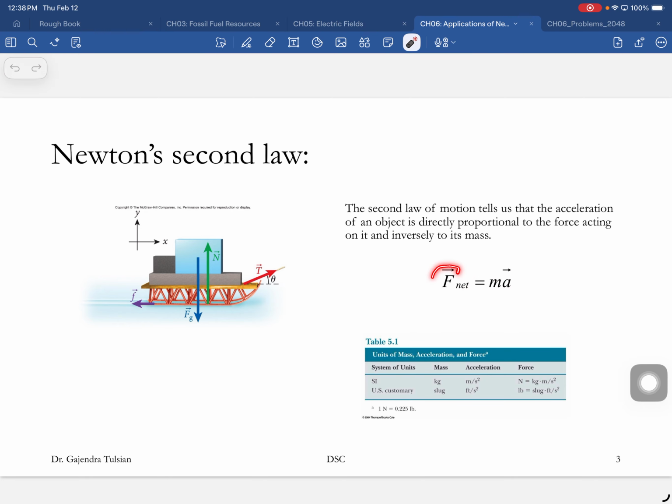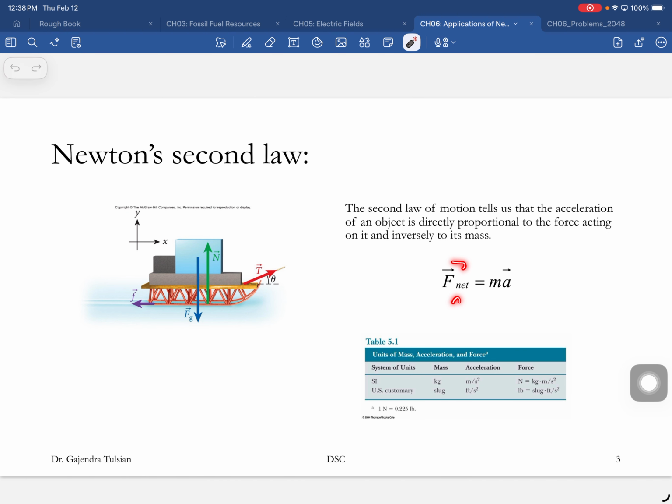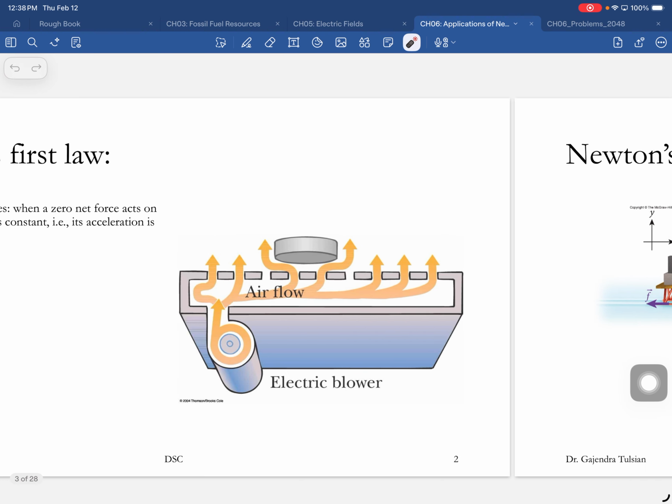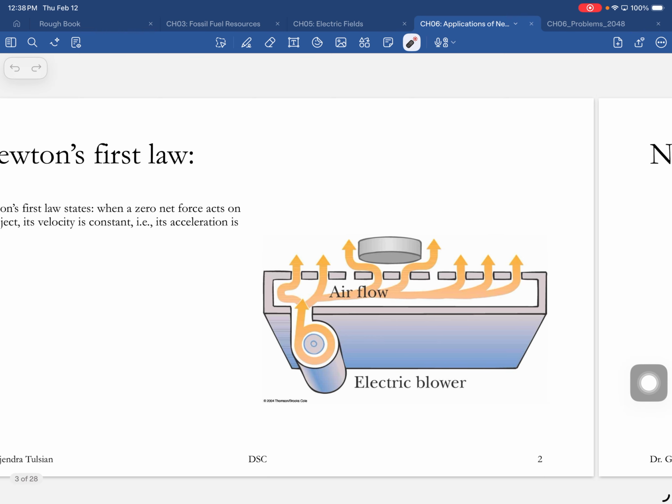The greater the force, the greater the acceleration. That is, its velocity will change. So you can see that Newton's first law is a special case of this. This is zero. That would imply acceleration is zero and velocity is constant. Again, that's why we call it Newton's first law rather than Galileo's law.